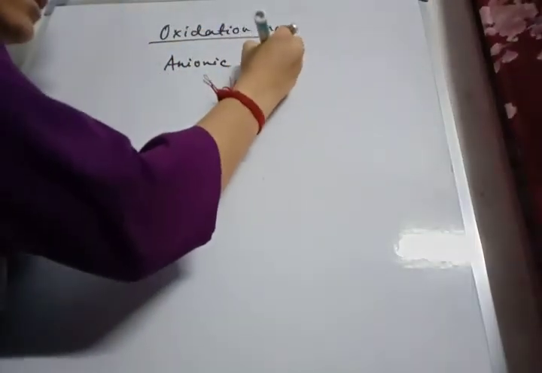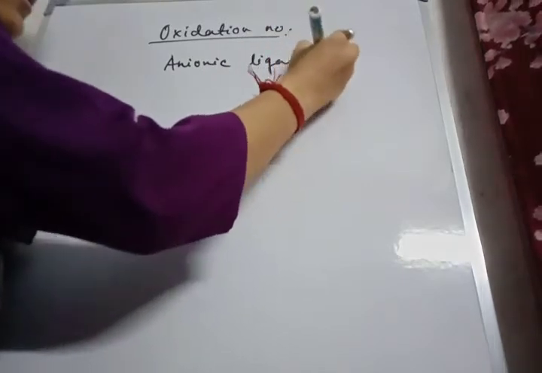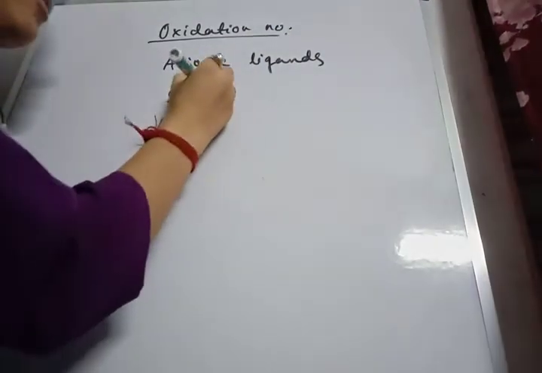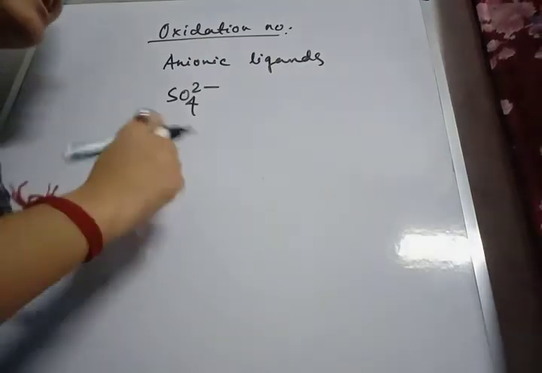Okay. Next is naming of the ligands. Now for ligands that end with ide or ate, we have to replace the e by o, and then we get the new names. For example, under anionic ligands, we have these things. We have sulfate. Sulfate is named as sulfato.